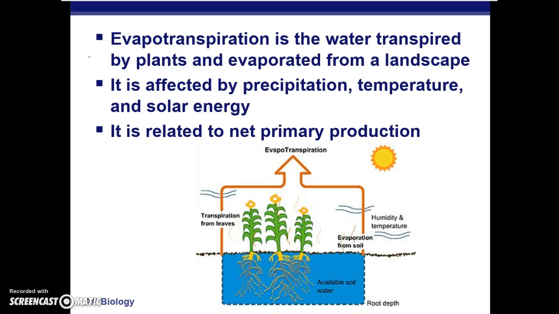This is on a local scale. The soil nutrients are often the limiting factor, but you can see here that water can play a big role in the availability and ability of production to occur.